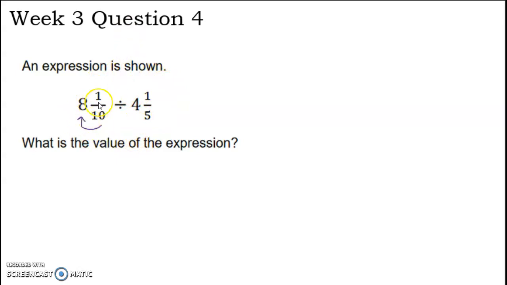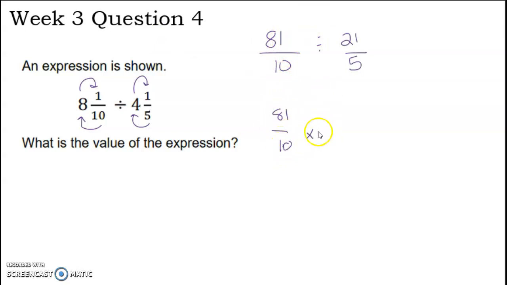We're going to do 10 times 8 plus 1, which is 81 over 10, divided by 5 times 4, which is 20, plus 1 more, which is 21 over 5. So now we have normal fractions. We can do this. So we have our keep, 81 over 10, our change to multiplication, and our flip. So this is going to turn into 5 over 21.